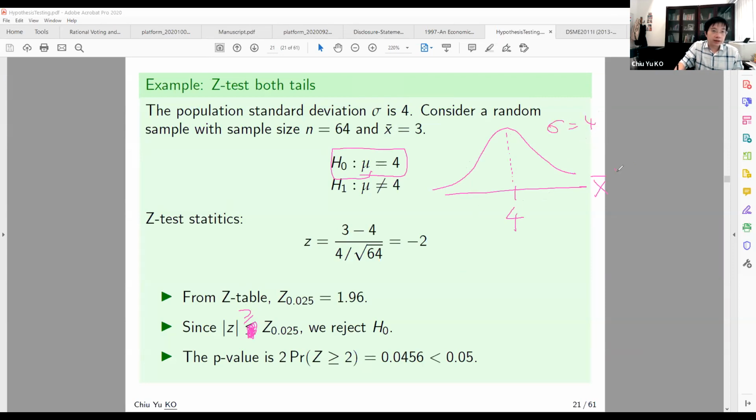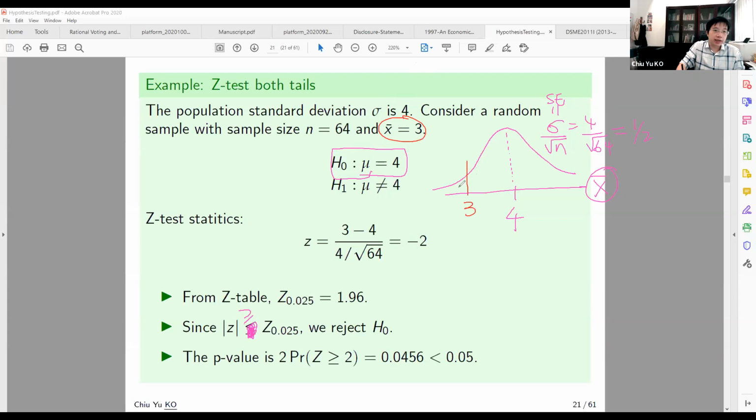But we have sigma over root n for the standard error, that is 4 over 64, so it's 1/2. Again, we figure out the sample data x is 3, so it's here.